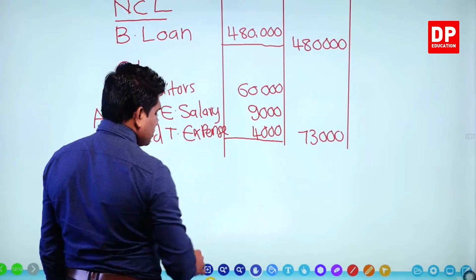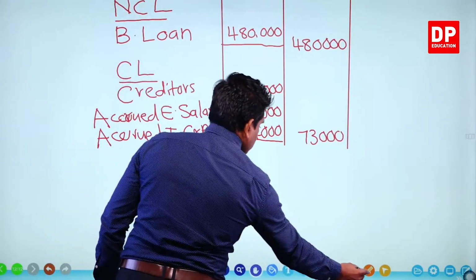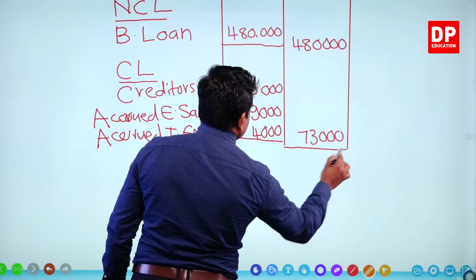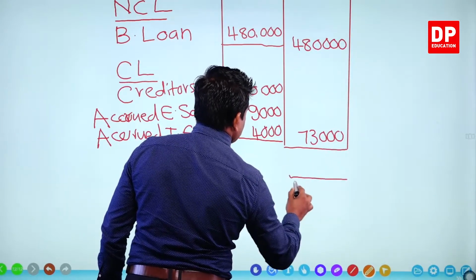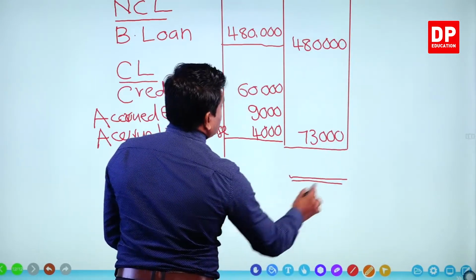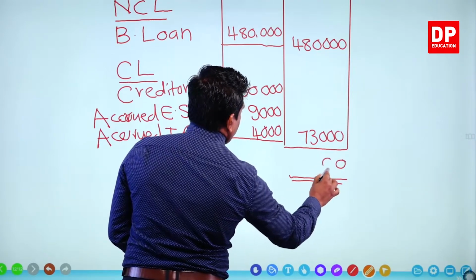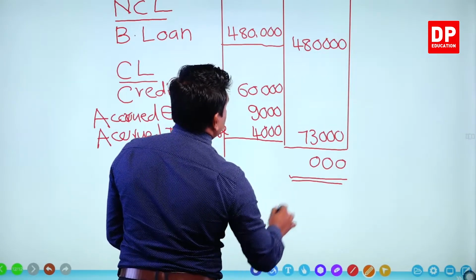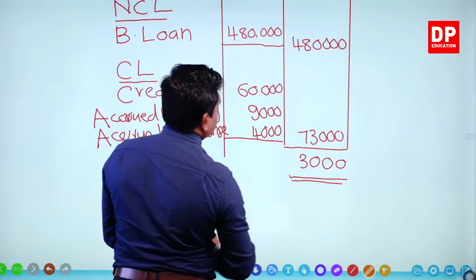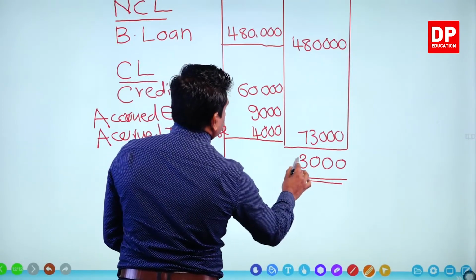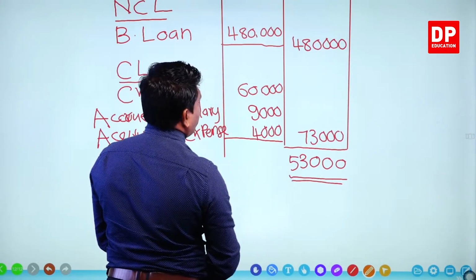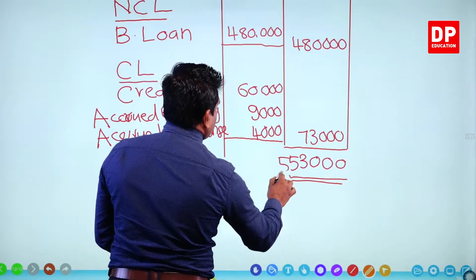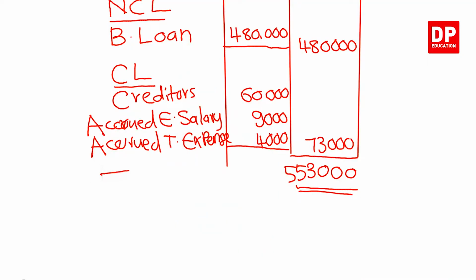How you add these two? Right? 0, 0 and 0. Right? Here 3,000. 553,000. These are total liabilities.